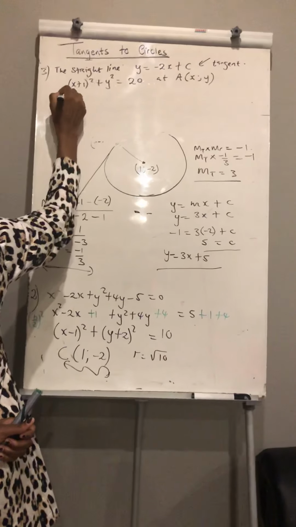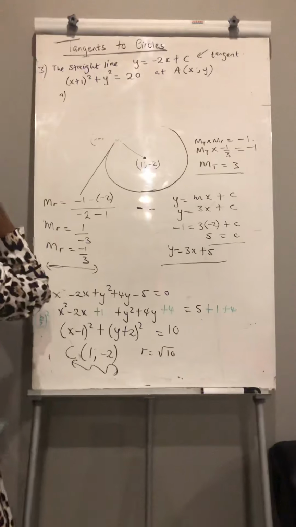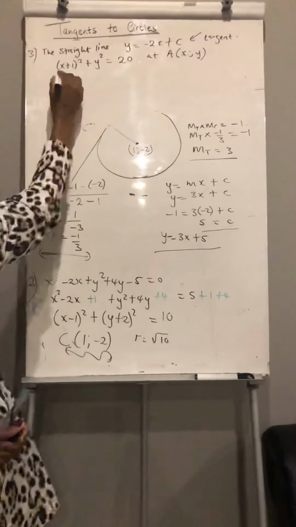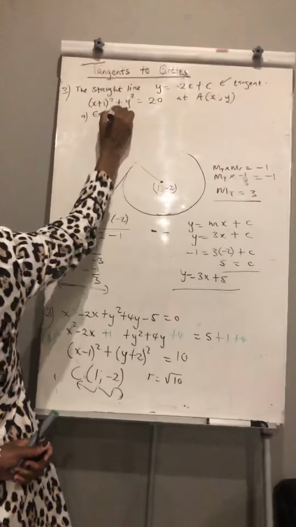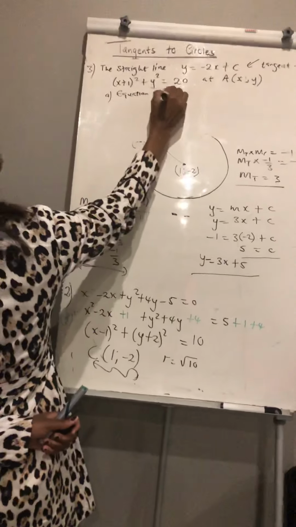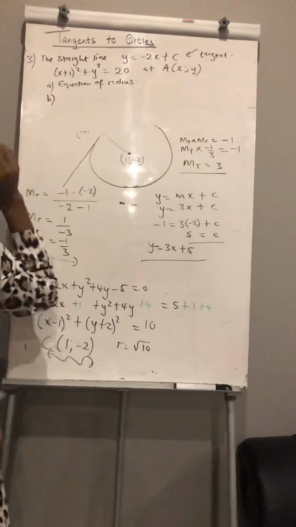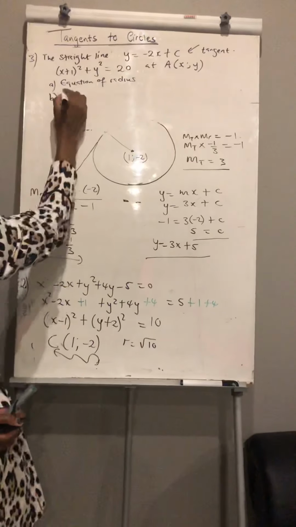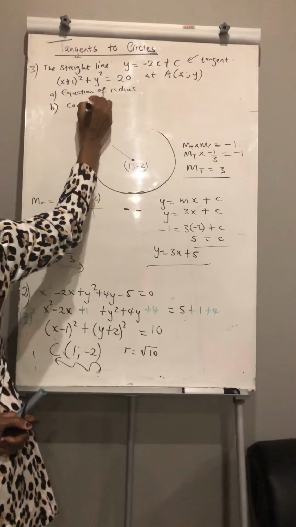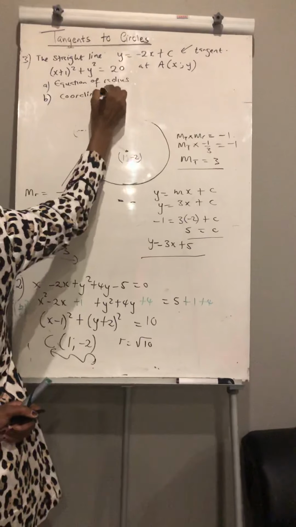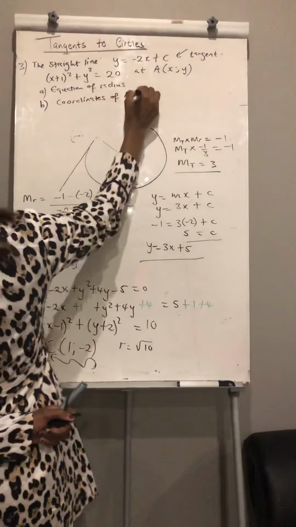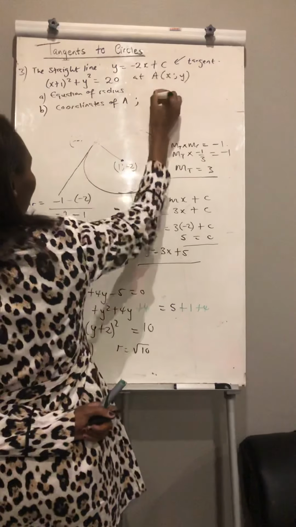Firstly, you have to find the equation of the radius. And then the other thing I'll expect you to find here is the coordinates of A, and also you should find the value of C.